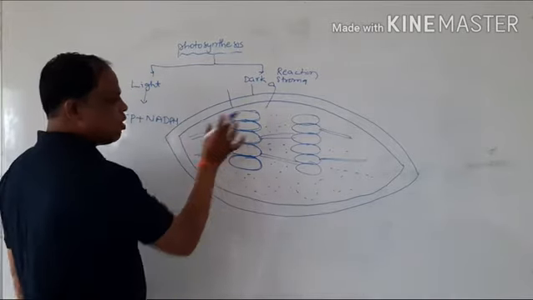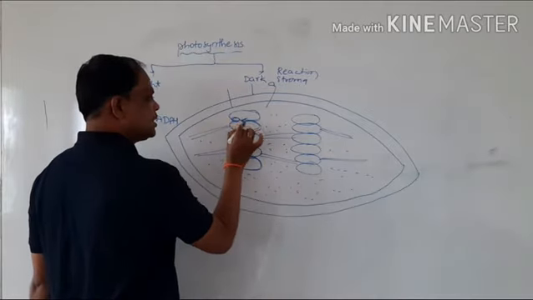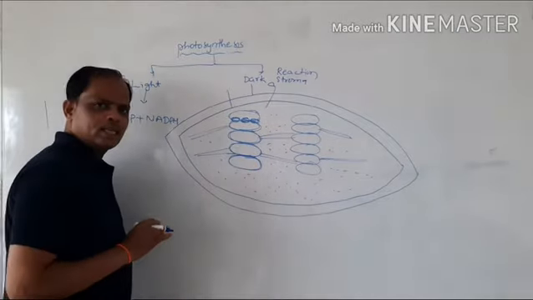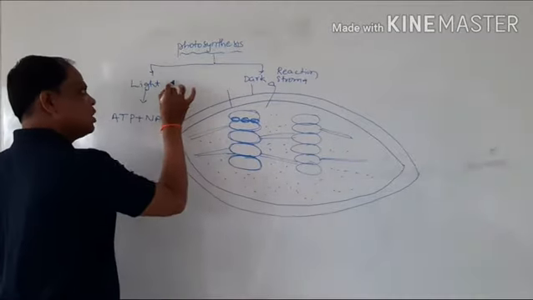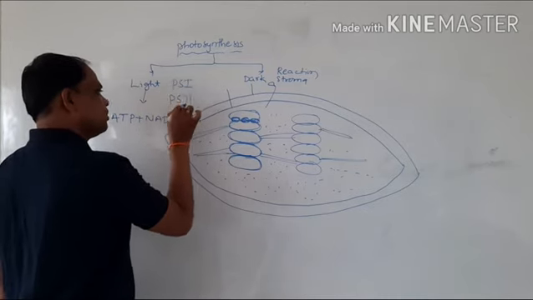In the thylakoid systems, the membranes contain reaction centers. These reaction centers are called PS1 and PS2.